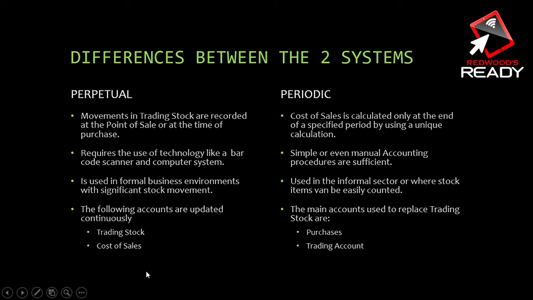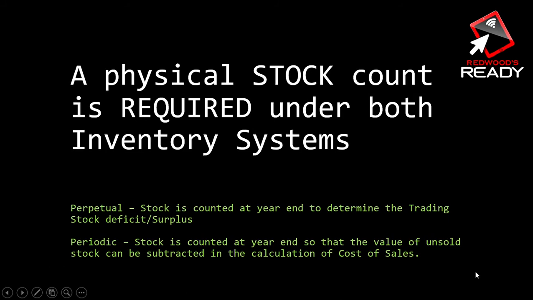In the perpetual inventory system, we use trading stock and cost of sales for most of our calculations. In the periodic system, we use the purchases account and the trading account. Now you may be familiar with those from last year. But under both systems, at the end of the period, a physical stock count is required.